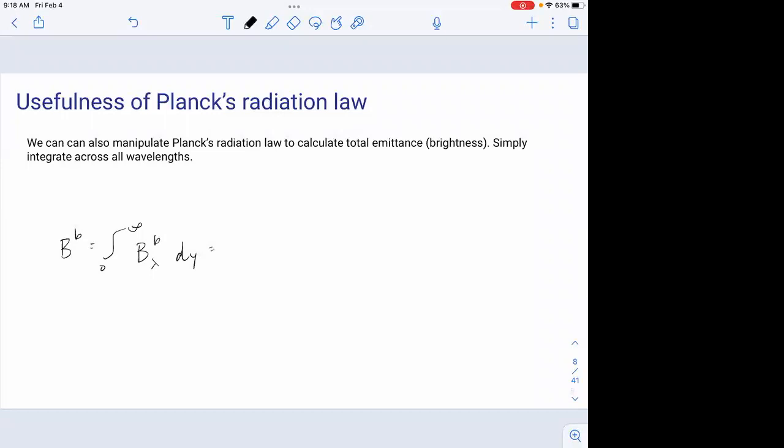And if I do that integral and I simplify, what I end up with is this very simple equation.